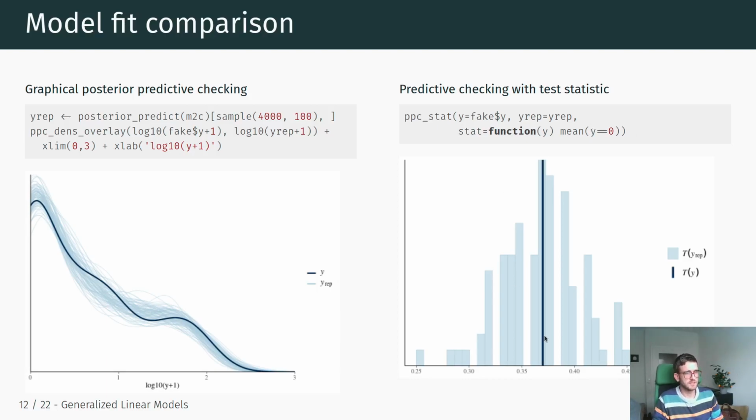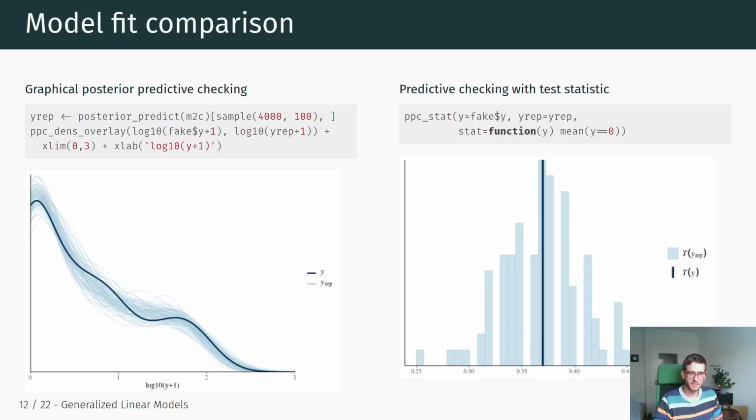If the observed test statistic is far outside of the range of the posterior predictive distribution for y equal to 0, then we know we may have to include this zero inflation component in our model as well.